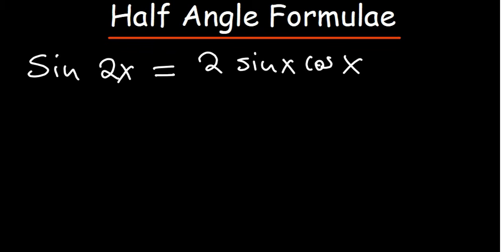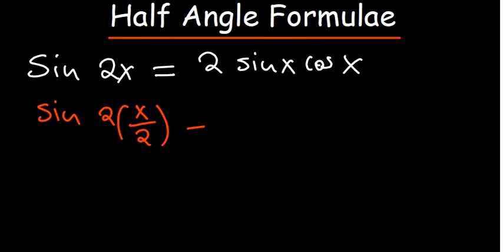To derive the half angle formula, we just substitute half of x where there is x. So on both sides of the formula we put half of x, which is x over 2.